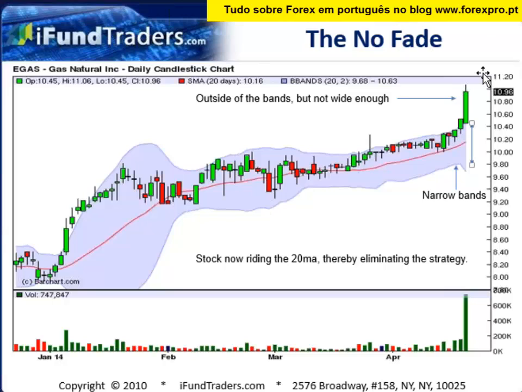They pull back a tiny bit and then they explode again to the upside very often. We need the bands to be relatively wide at the point that a bar goes outside of the band. Okay? I hope that's clear. So this is not one you want to fade.